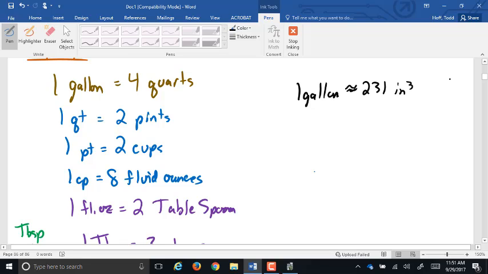That's what the symbol means, is approximately. Or 1 cubic foot. Yeah, so just a wavy equal sign. This means it's not equal, but it's close to. 1 cubic foot is technically 7.48, but we're just going to say 7.5 gallons in 1 cubic foot.